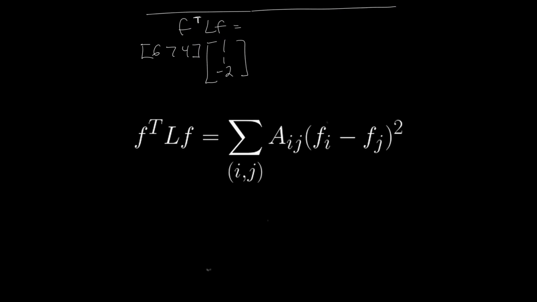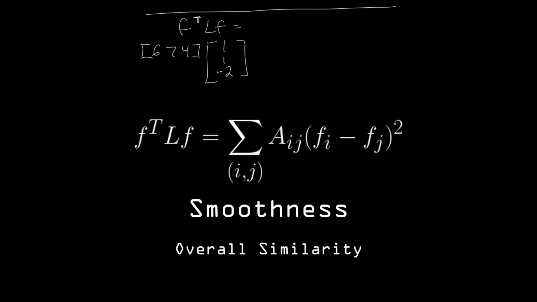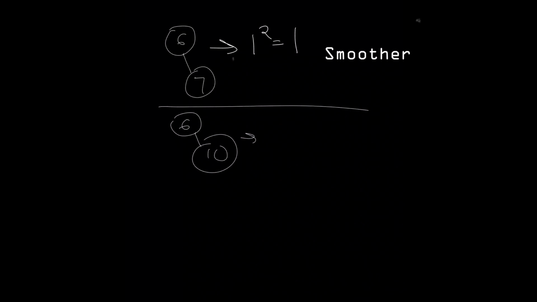This F transpose LF value is what we call the smoothness of a graph. Smoothness is the overall similarity or variation across nodes in a graph. When nodes are more similar in value, the graph is smoother. And when they're more different, the graph is rougher.